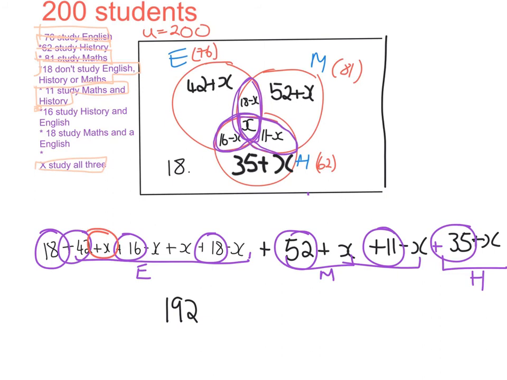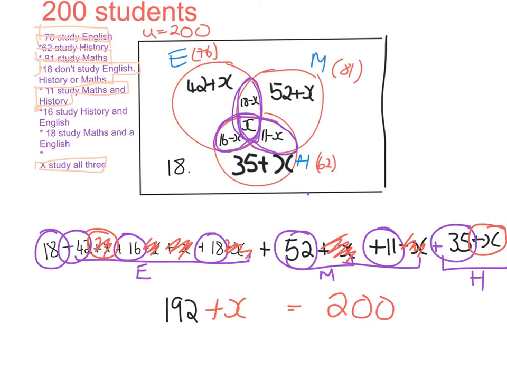So I have 1x, I have a plus x and a minus x, so they cancel. I have a plus x and a minus x, so they cancel. I have a plus x and a minus x, so they cancel. So I'm just left with this one, 192 plus x equals 200.